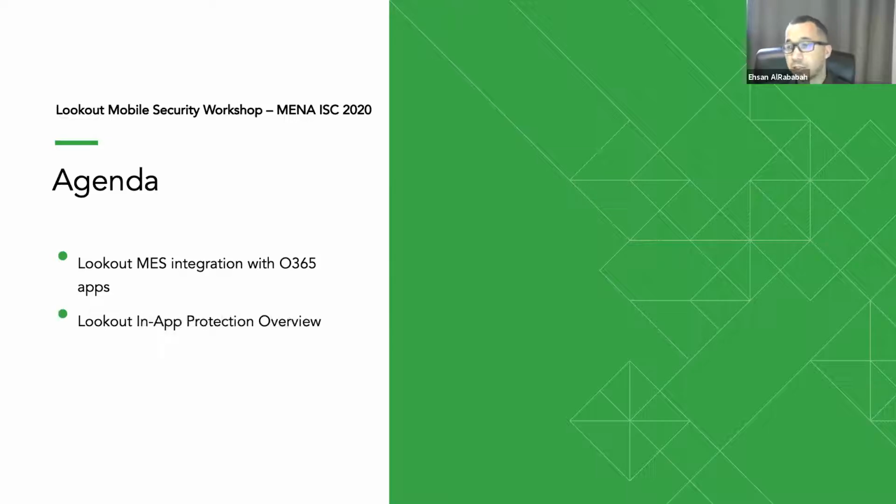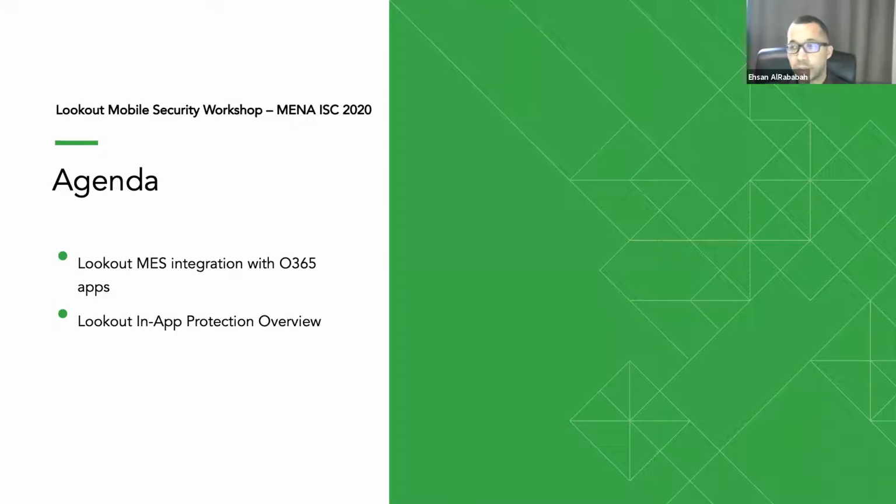The second topic, we will be covering the Lookout In App Protection Suite. In that area, we will be covering multiple things. We'll start talking about what the current threat vectors are that could affect your customer-facing application, and in which ways.